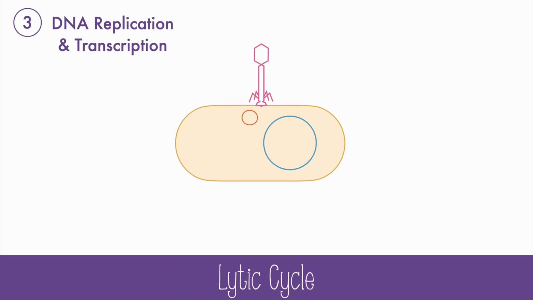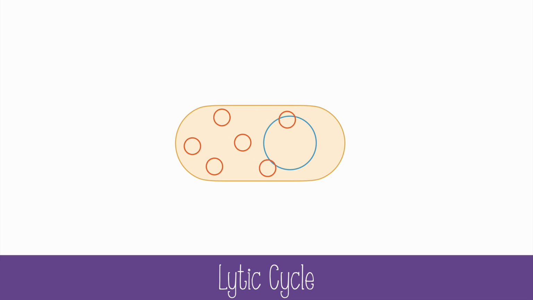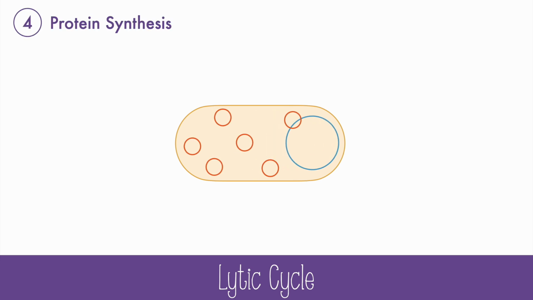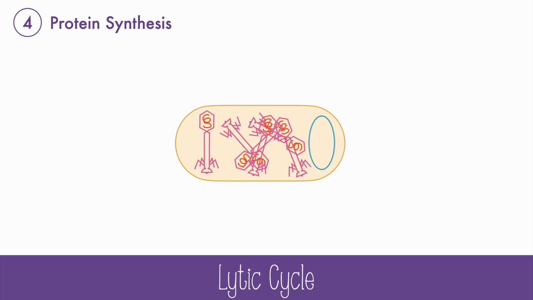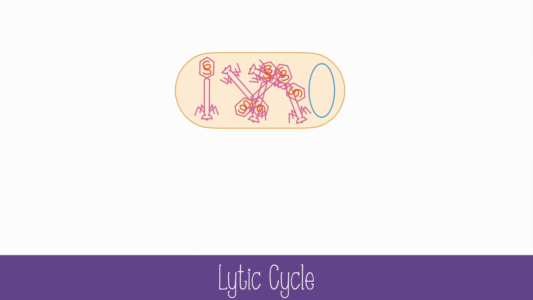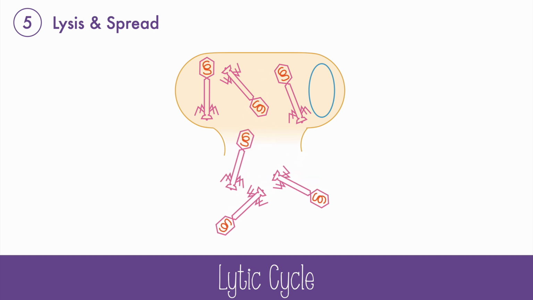The DNA is then replicated and transcribed by the enzymes of the host cell. The mRNA is then translated during protein synthesis, forming all of the parts of the viral capsid, and the new viruses are assembled. The cell lyses, and the approximately 100 new viruses are released.